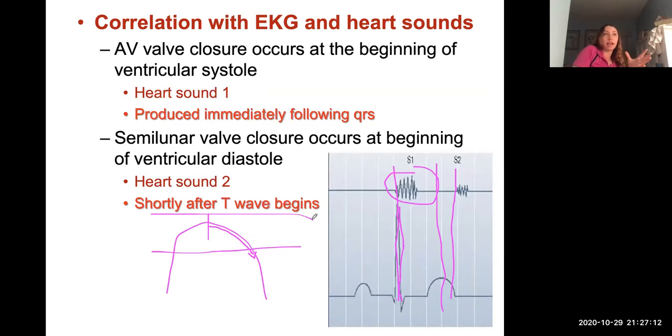The T wave is a part of the repolarization of the ventricles, which causes relaxation of the ventricles. Once the ventricles start to relax, the aortic pressure goes below the ventricle pressure, and the semilunar valve will slam shut, but it's still above the atrial pressure, so the AV valve is not open yet.